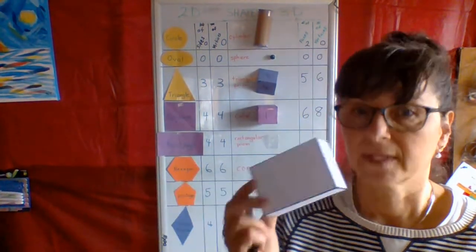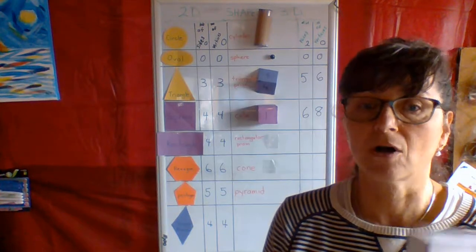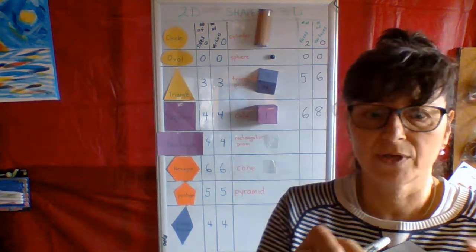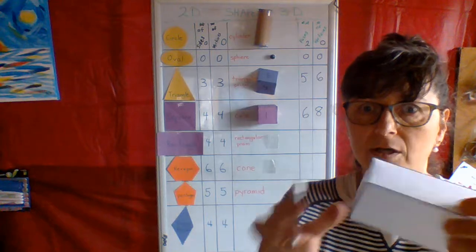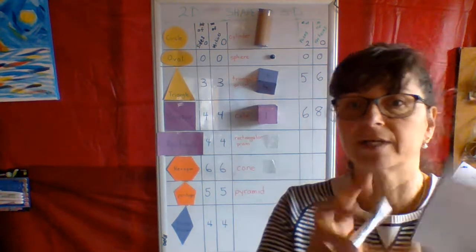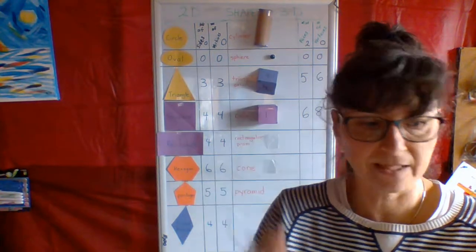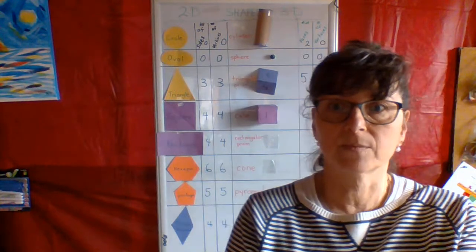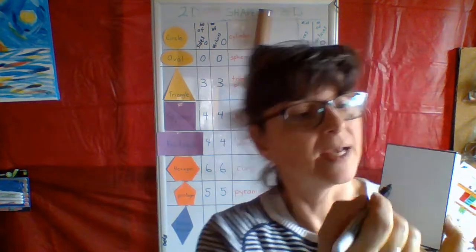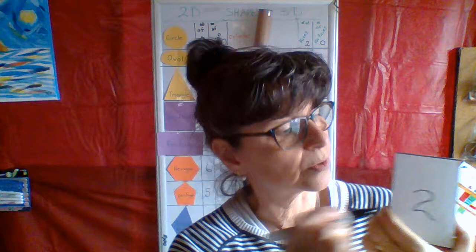Okay, so let's do it again. Let's count all the faces. And if we don't put markings on it, it's so hard to know where you started from when you keep spinning it around. I'm making myself dizzy. So we're going to start with the great big faces. And we're going to number them. 1, and then I'm going to flip it to the other side and number this number 2.